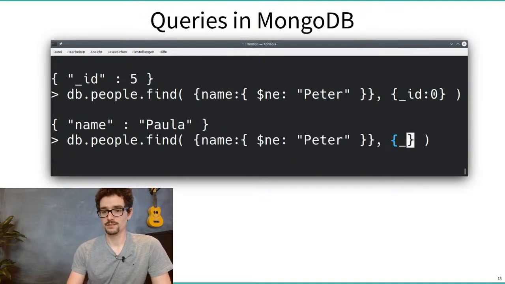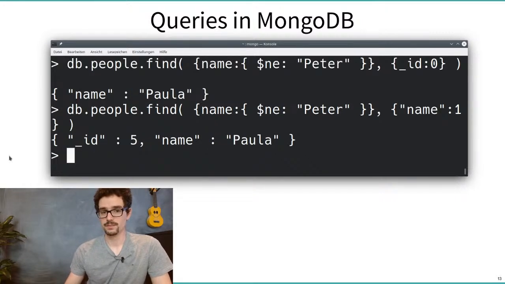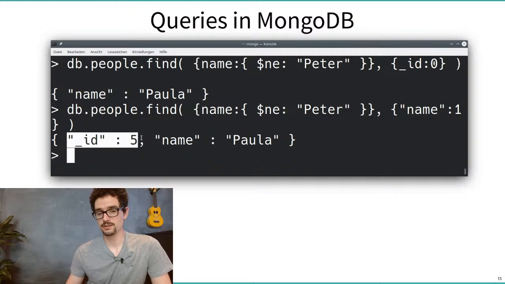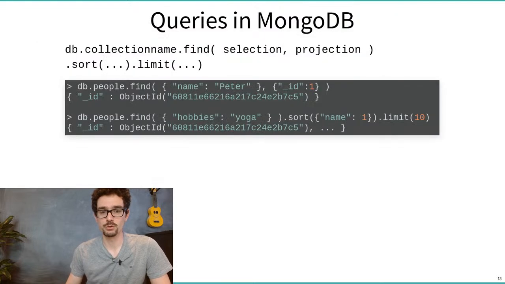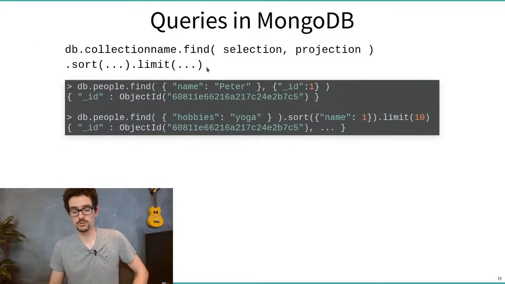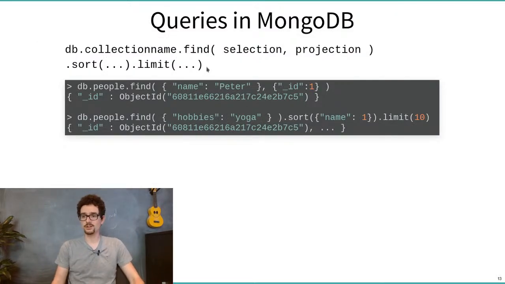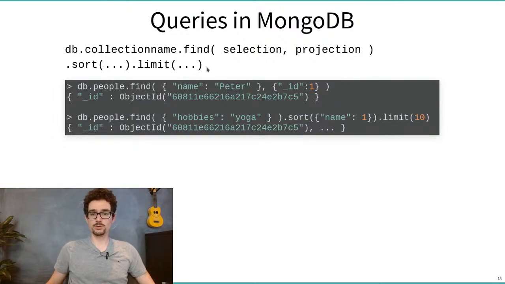And if you say, give me only the name, then you see the ID is there as well, because the ID is always in the result if you don't exclude it, because the ID is such an important thing. But this is not so relevant for now. I just want to show you how to work on a MongoDB database. We'll do this in an exercise.